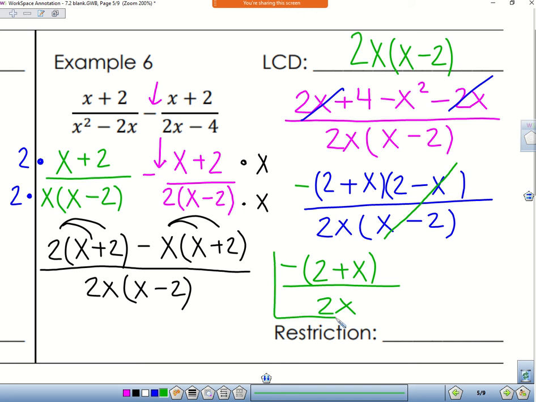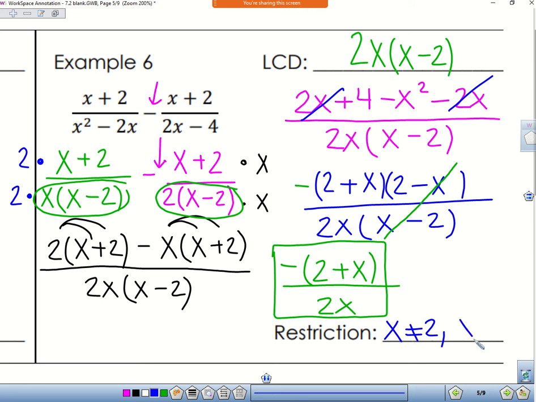So this is our answer, but we have to go back and find our restrictions, right? So we always find our restrictions at the stage right here where we factored everything. So what can't we have for x? 2. Good, we can't have 2. What else? 2 again, but what about this x? Just a plain x means we can't have x equals 0.